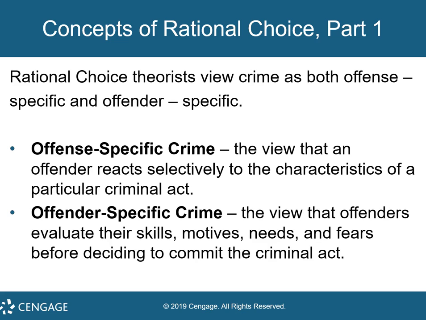rational choice theorists view crime in a couple of different aspects, if you will. They view crime as both what we call offense specific and offender specific. And crime is said to be offense specific because offenders react selectively to the immediate characteristics of a specific criminal act.